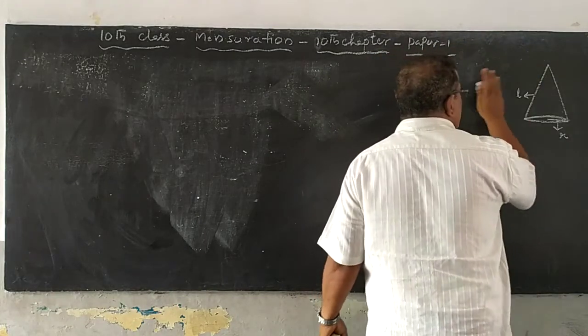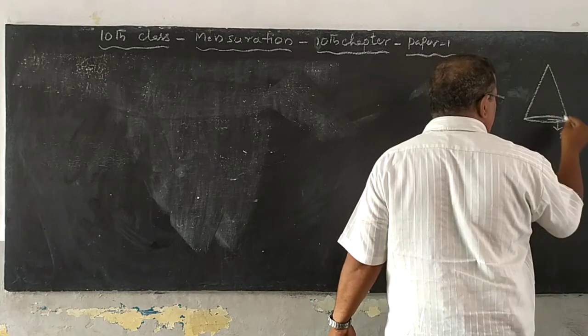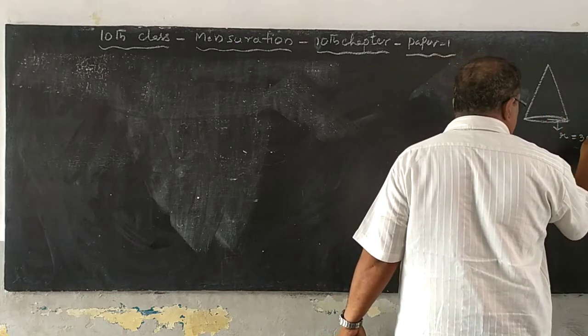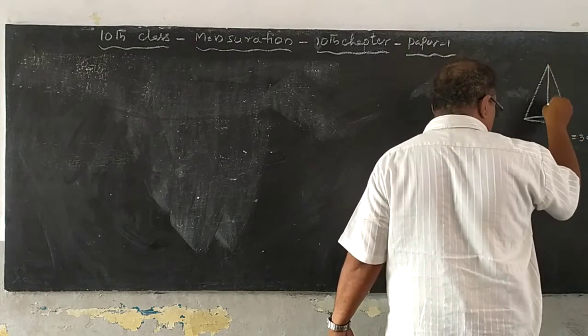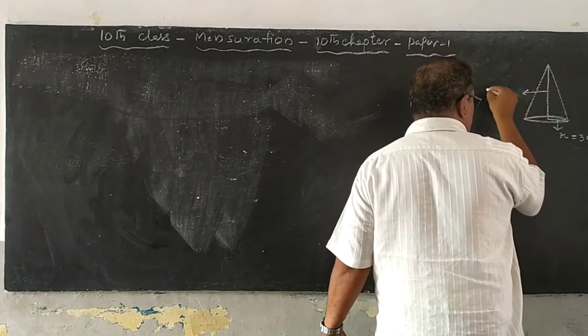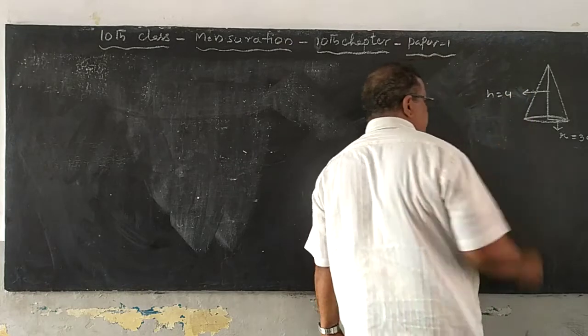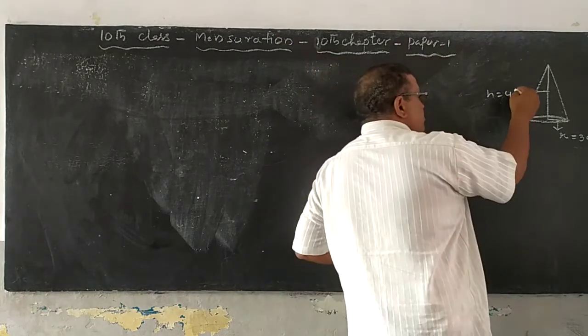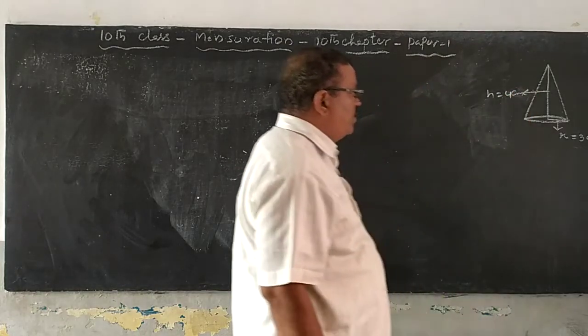The radius is given: radius is equal to 3 centimeters, height is 4 centimeters. This is the height of the cone, h is equal to 4 centimeters. So what do we need to find?